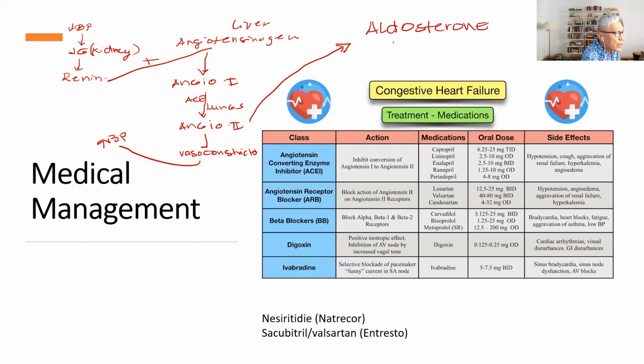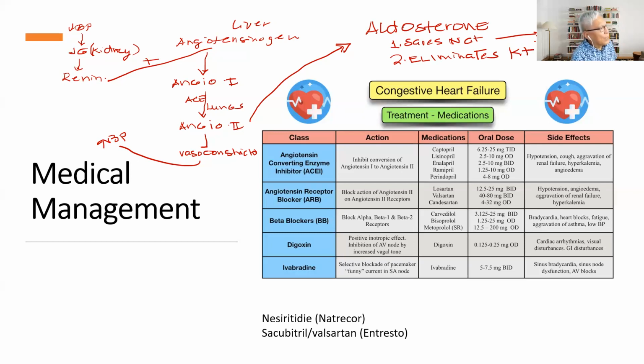And aldosterone has two functions. It saves sodium. And so whenever you save sodium, you increase blood pressure because water usually is drawn with sodium and therefore increases blood volume. And the second function of aldosterone is it eliminates potassium.